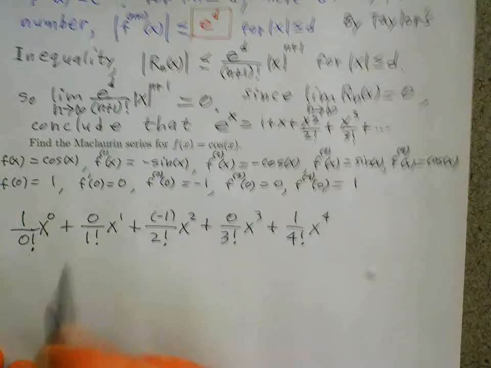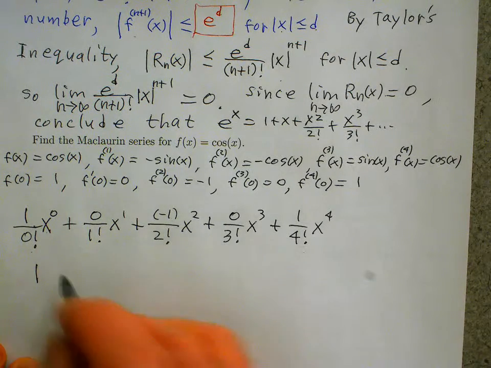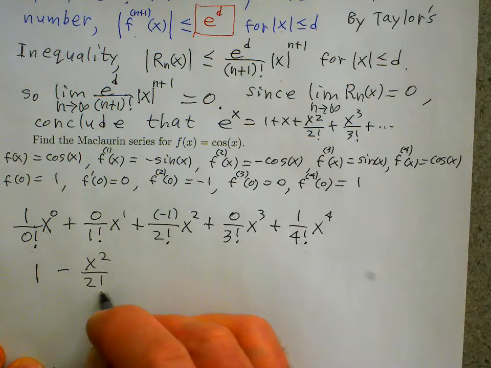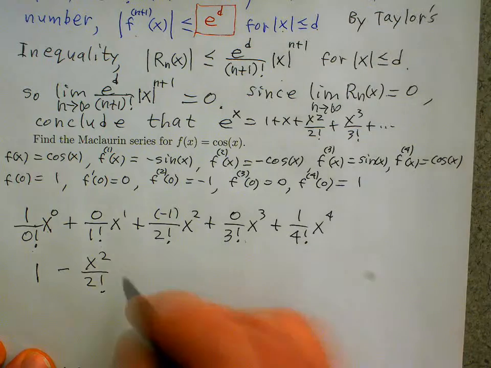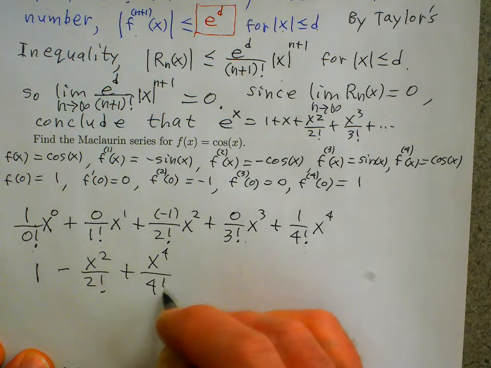So what do we get? We get 1 and then 0. The next one is minus x squared over 2 factorial. This term is 0, so the next one is plus x to the fourth over 4 factorial.